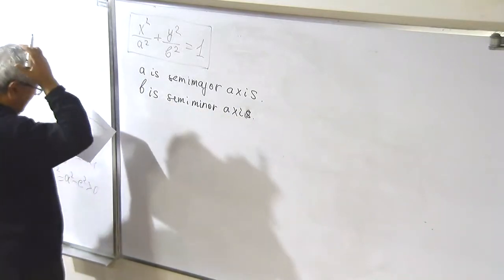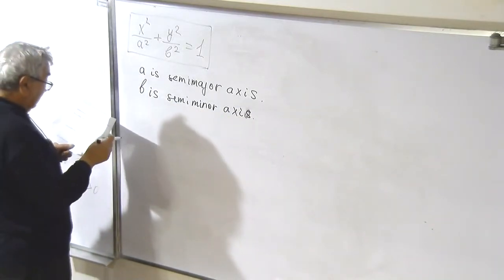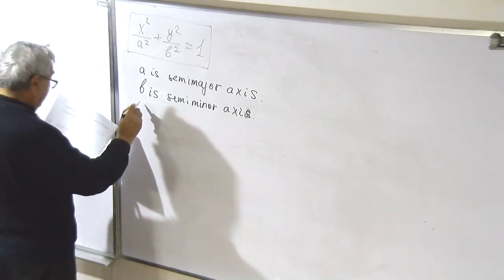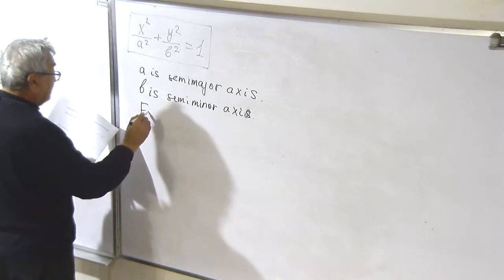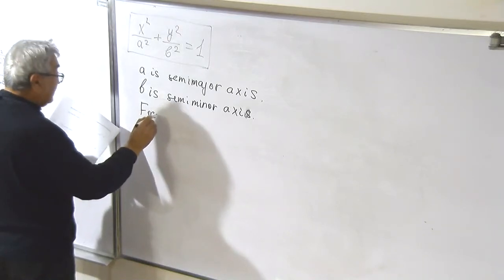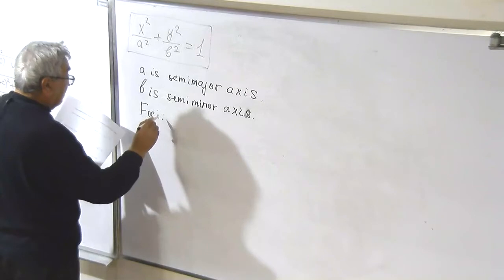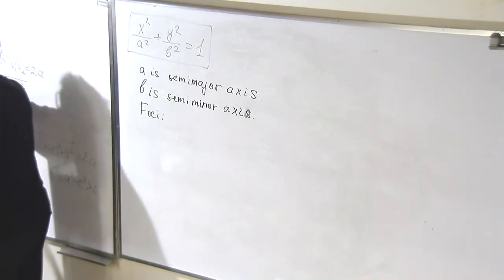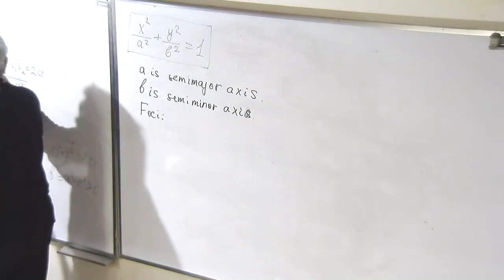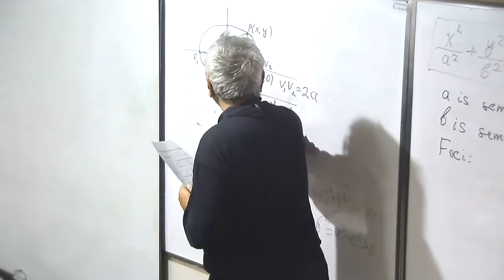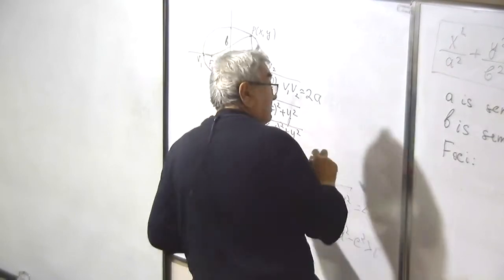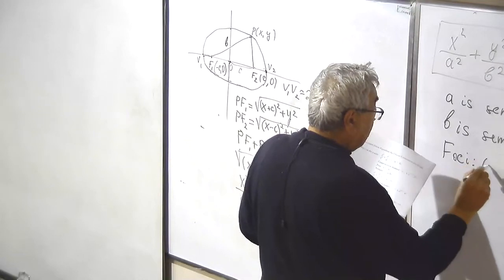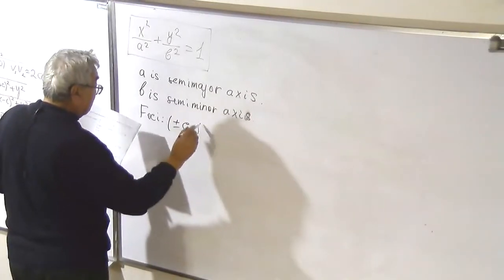Now let us consider the position of the foci. The foci have the following coordinates: this one has negative x coordinate and here the x coordinate is positive, and the y coordinate of both is 0. That means here we have plus or minus c, 0.